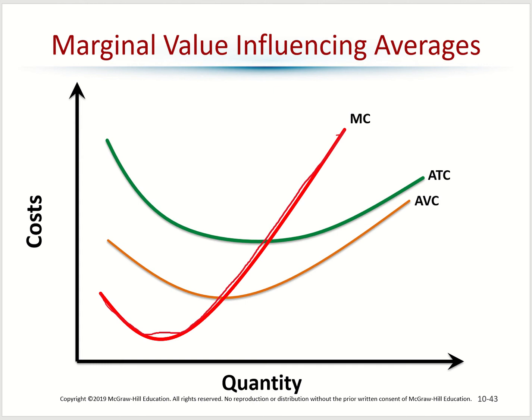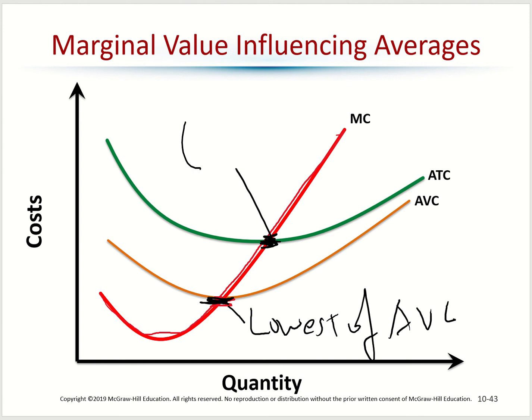There's one key element you need to notice: whenever the marginal cost intersects with the other curve, this is always the lowest point for those curves. This intersection here is the lowest point of average variable cost, and this intersection here is the lowest point of average total cost. Wherever the marginal cost intersects with those lines, that's the lowest point for those lines.